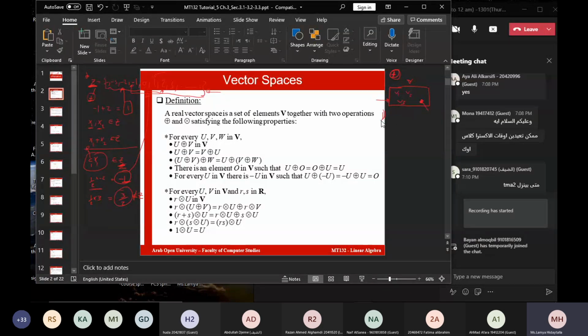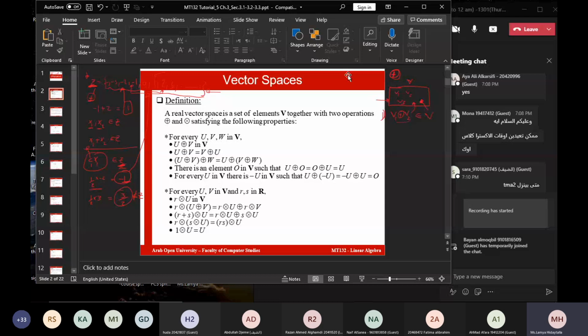That means if you took any two vectors, the first vector V1, and you added to it the second vector, the result should be an element here, it should belong to my space of vectors, let's call it capital V. So it should be closed under the addition of vectors.